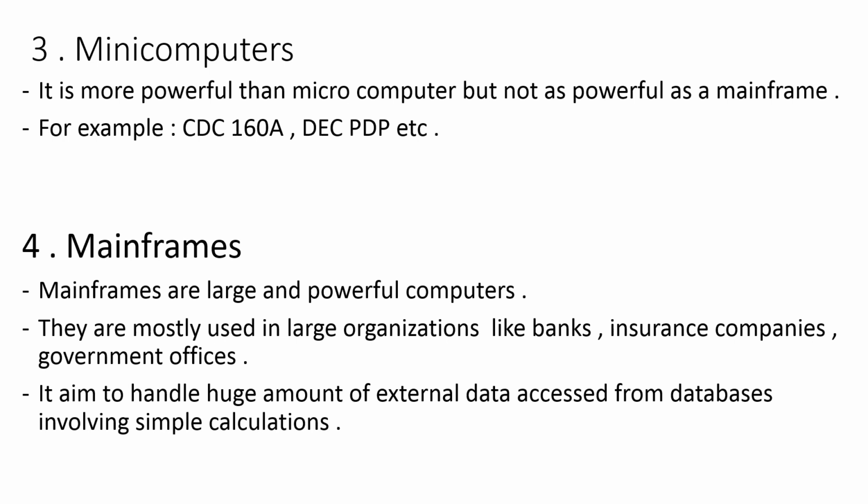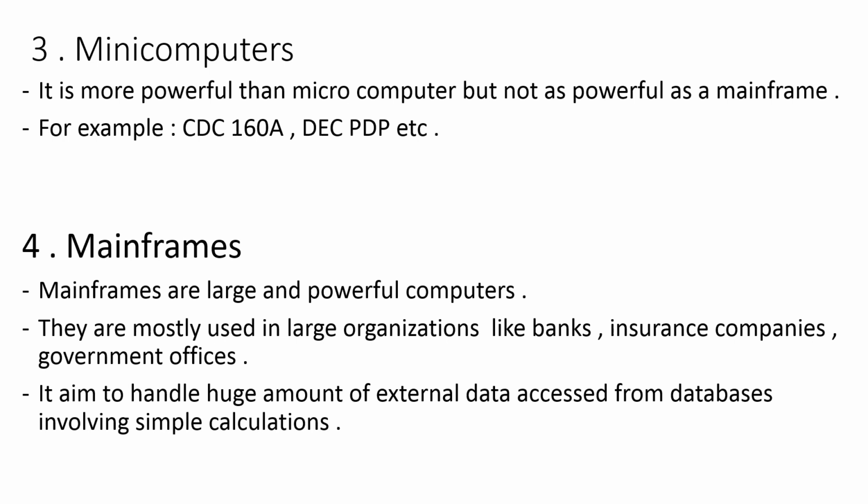So moving on, the fourth type is the mainframes. Mainframes are large and powerful computers. They occupy much space. They are more powerful than the mini computers. Now in the banks, insurance companies, government offices, they have a lot of data.